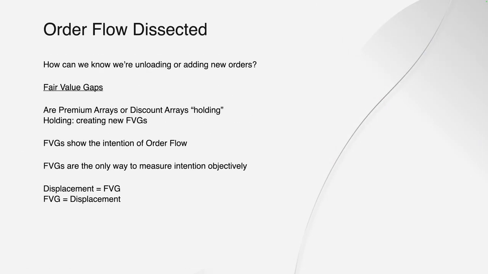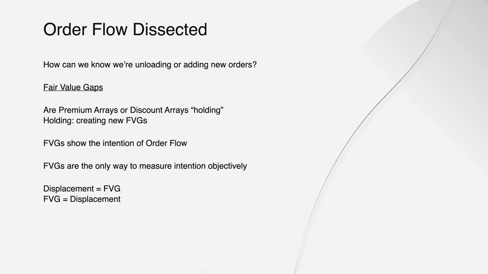So going back towards this slide, fair value gaps show the intention of order flow. So fair value gaps are the only way to measure intention objectively. In the market, if we want to continue higher or continue lower, there will always be some sort of signs that are left behind. That sign is displacement.